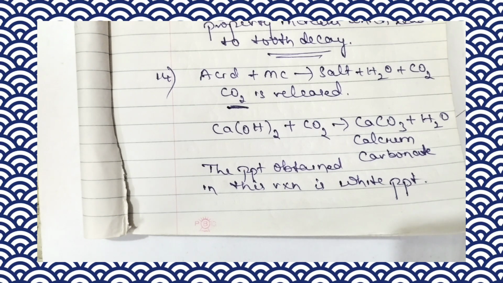That white precipitate is calcium carbonate. So calcium carbonate is the white precipitate formed when carbon dioxide is passed through lime water. That is called the lime water test.